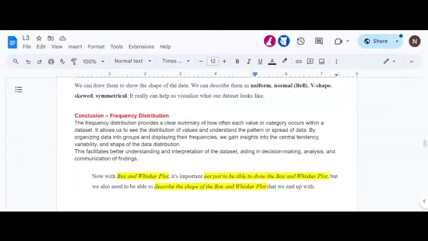We gain insight into the central tendency, variability, and shape of the data distribution. This facilitates better understanding and interpretation of data sets, aiding in decision making, analyzing, and communication of findings.